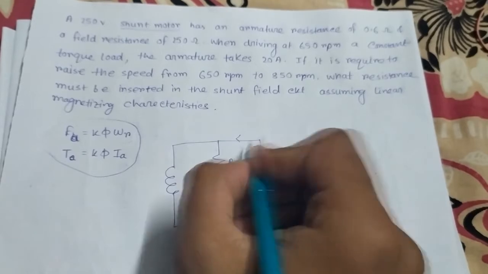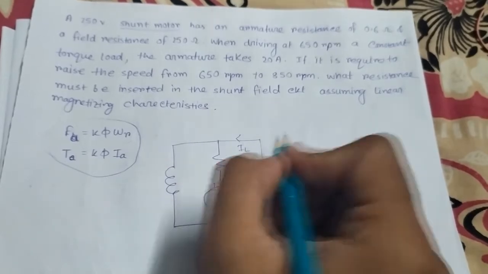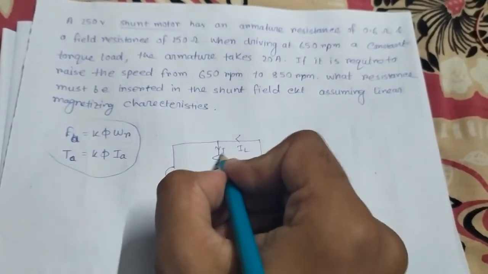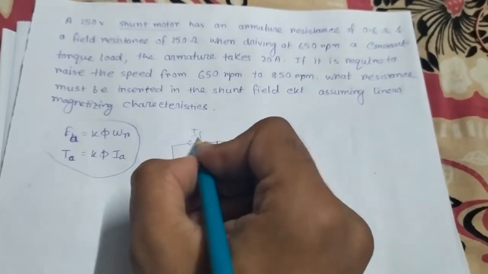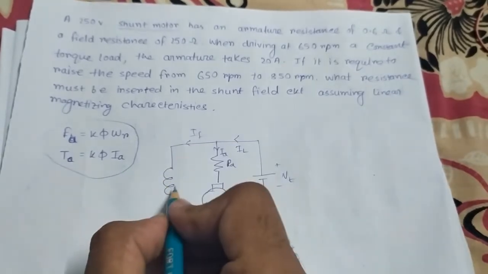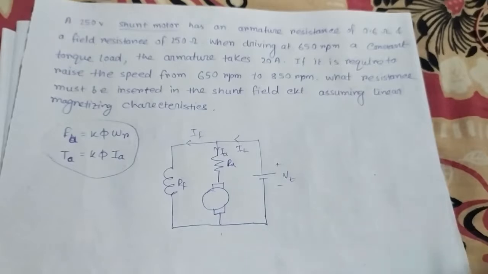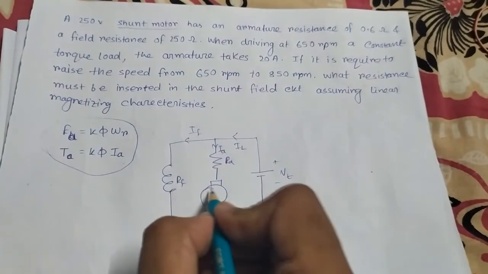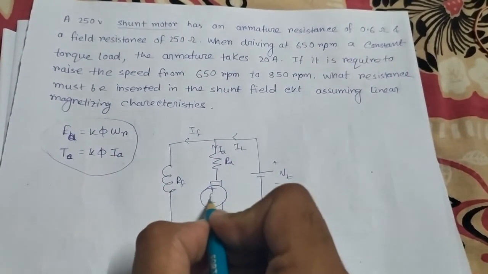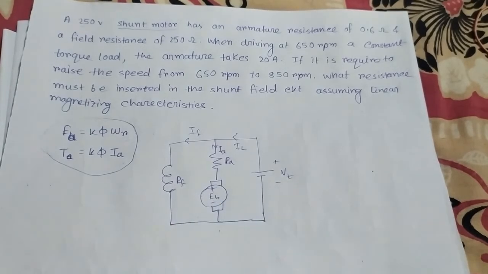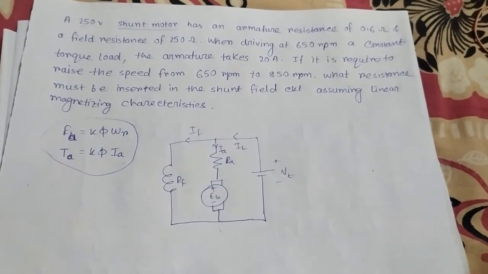One current will go from the source, that will be IL, and one current will enter here, that will be IA. One current will go there, that is IF, the field current, and here will be RF, right? And there will be EB or EA produced, so we are calling it EB. So this is our shunt motor.